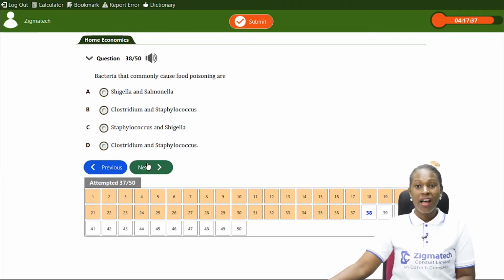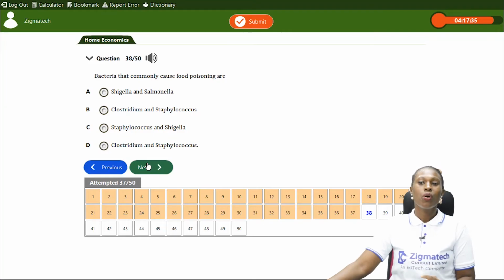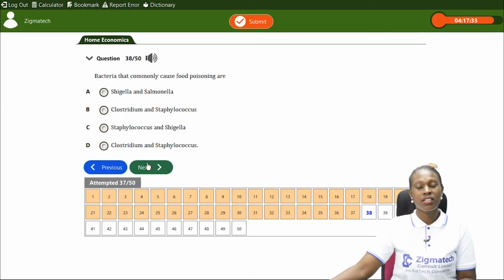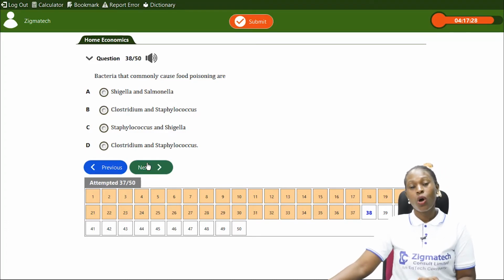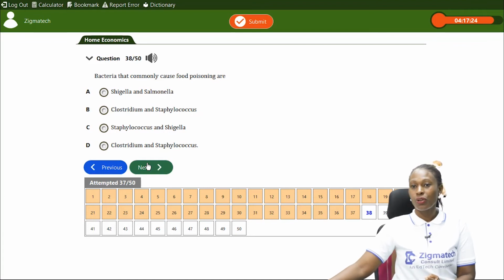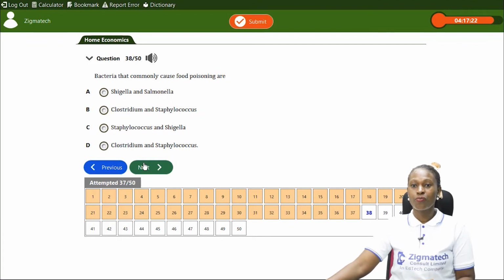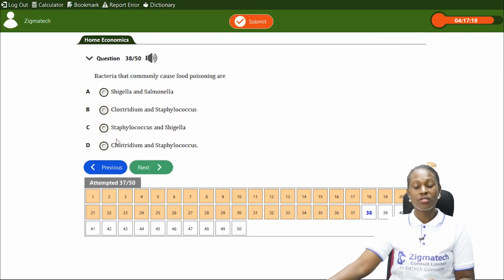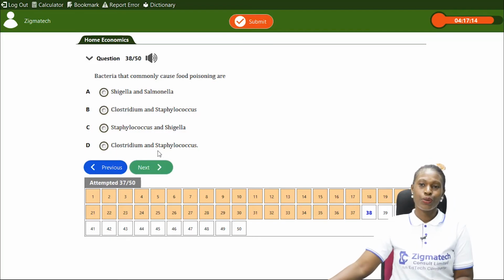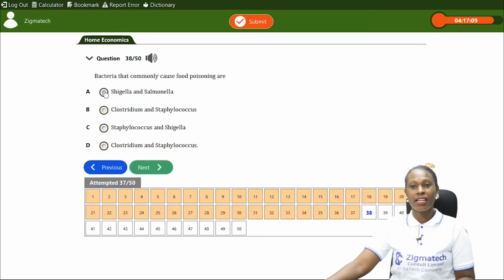Now, bacteria that commonly cause food poisoning. We have A, Shigella and Salmonella. B, Clostridium and Staphylococcus. C, Staphylococcus and Shigella. Then D, Clostridium and Staphylococcus. Now the answer is A, Shigella and Salmonella.